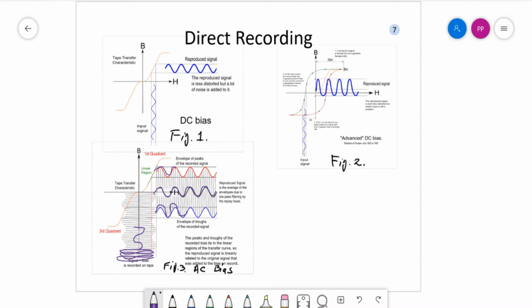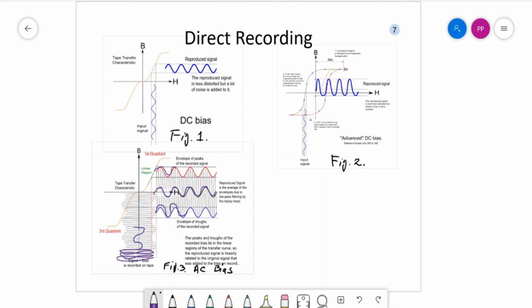So in this case we see that the direct recording method cannot be used without biasing by an AC modulating signal. What I mean to say is that if in the direct method you try to bias it with a DC signal or a more advanced DC, then the reproduced signal will not be an honest replica of the actual signal.